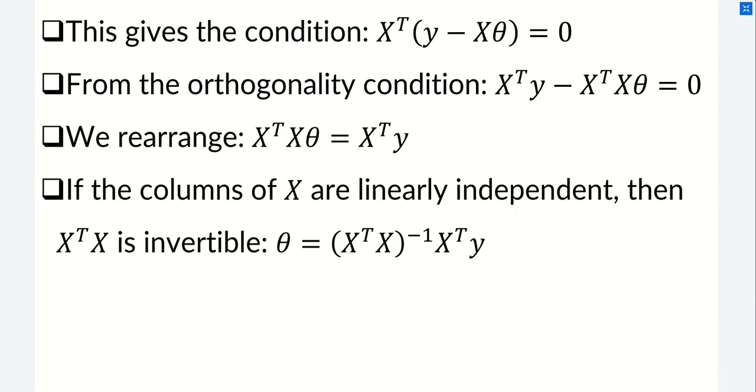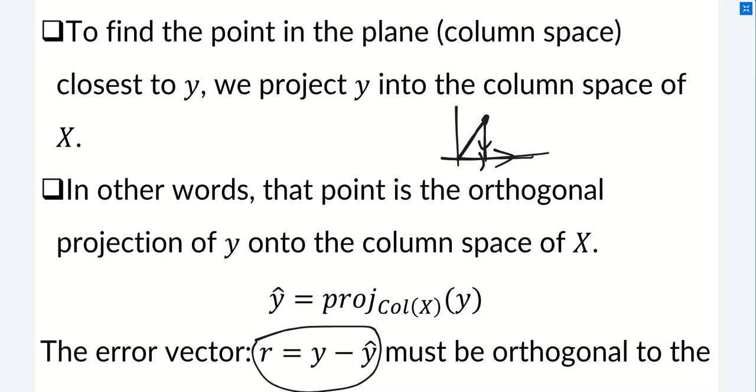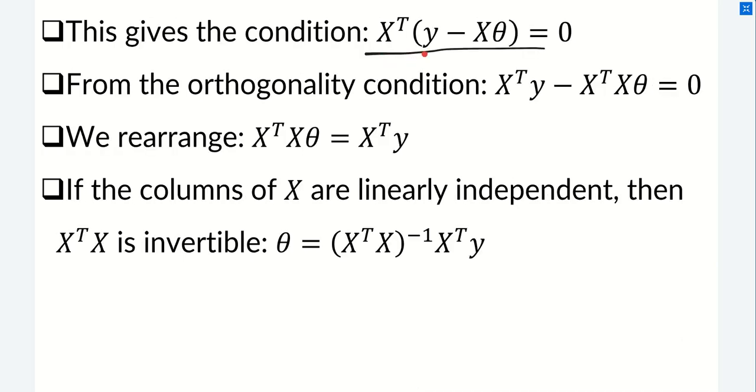So this gives us the condition. Now this is still the normal equation. If you go ahead and do the calculation, we've done the vector projection, you end up getting something like this. When we do the expansion and rearrange it, we get the normal equation.